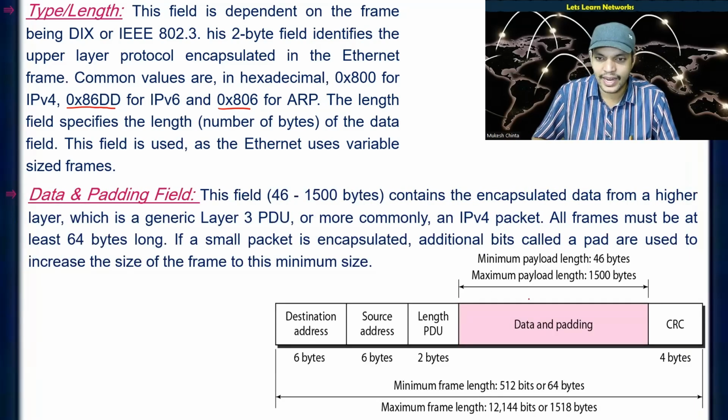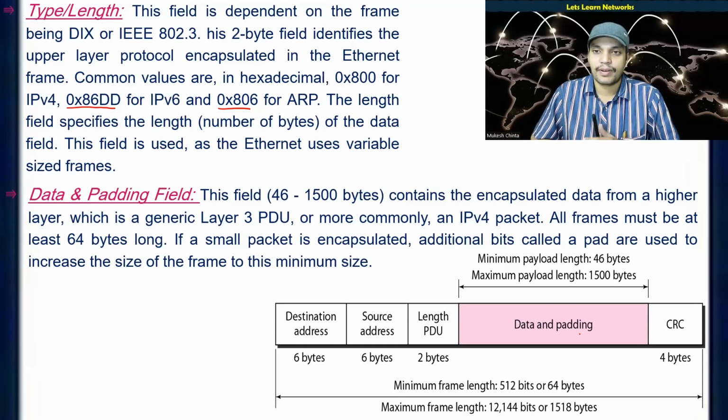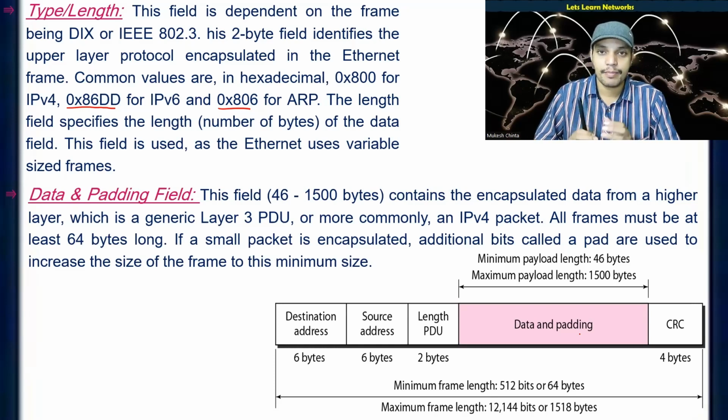You might ask me once again, sir, why are you mixing two things? What is the need for this padding? Because please remember that there is a minimum length required for each Ethernet frame. Any Ethernet frame must not be less than 64 bytes in length. I will discuss why 64 bytes is required, or where you get the 64 bytes from.